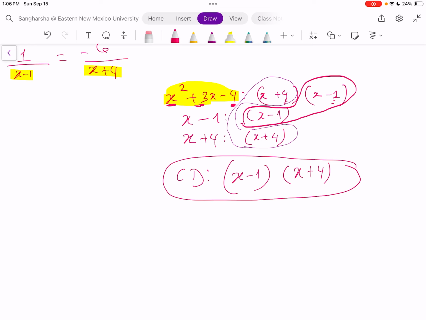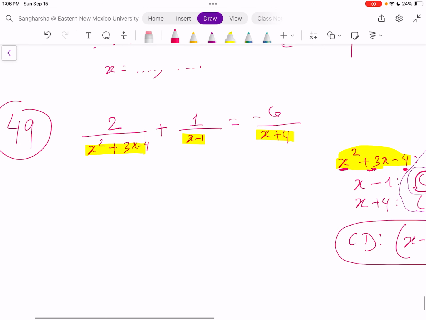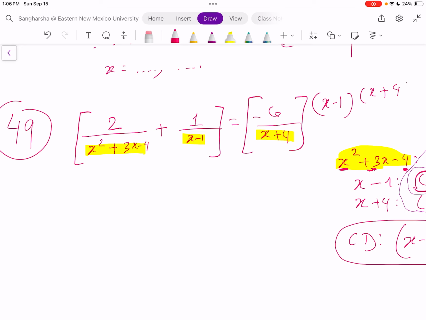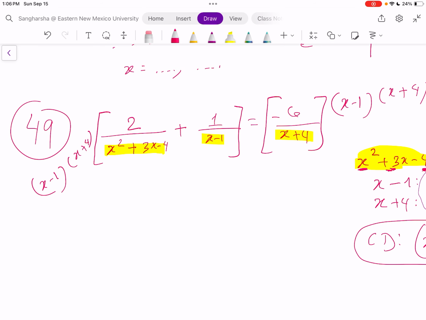You use this x minus 1 times x plus 4 to multiply both sides of the equation. You do the same thing on both sides. So you find the common denominator, and use it to multiply both sides of the equation.